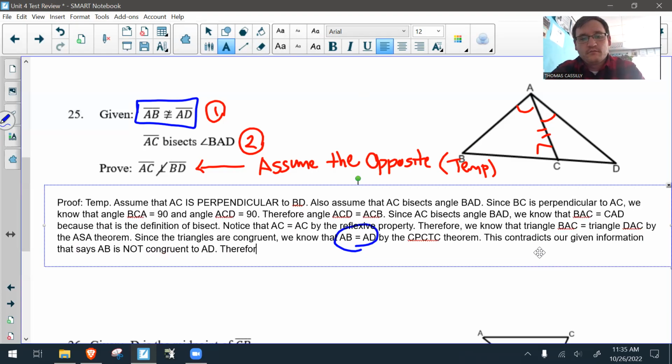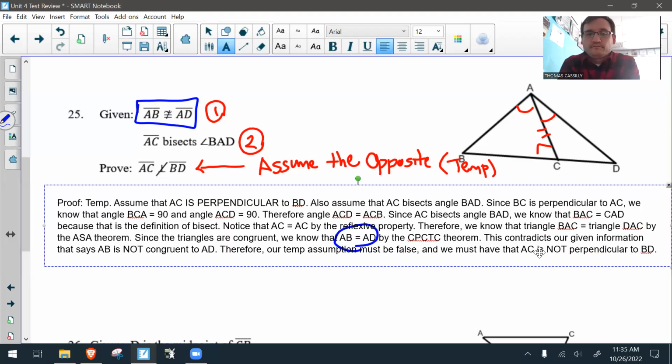Therefore, our temporary assumption must be false. And we must have that AC is not perpendicular to BD.